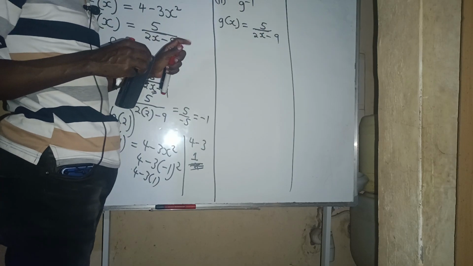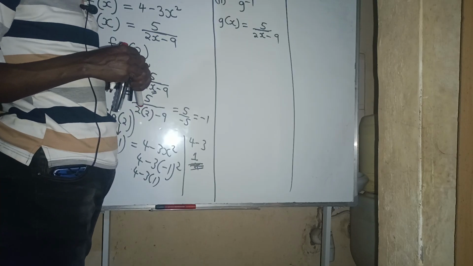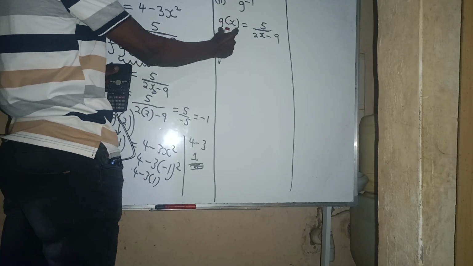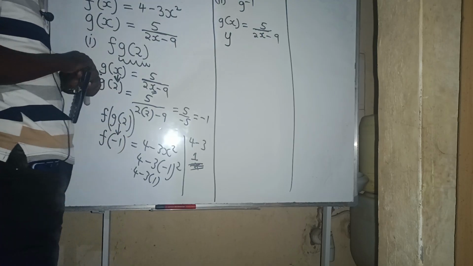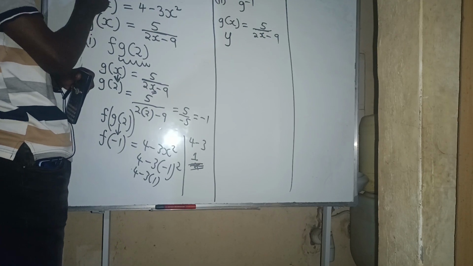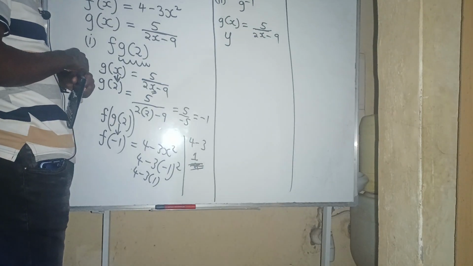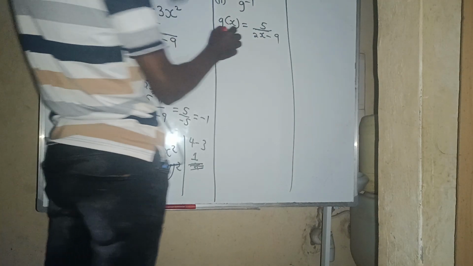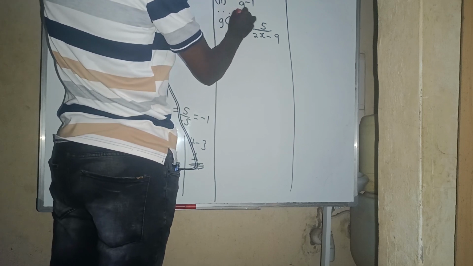So what I'm supposed to do is this. I just ask myself a very simple question. This g(x) is also the same as y, just like the way you can say f(x) is y. No difference. So g(x) is the same as y.